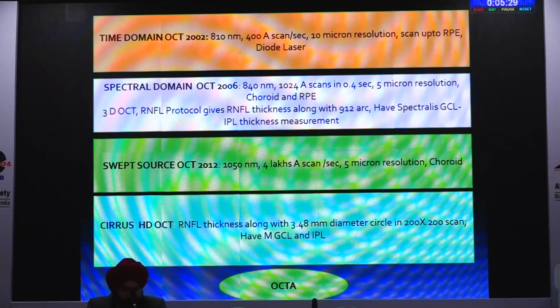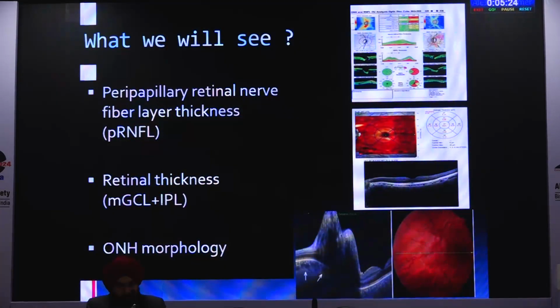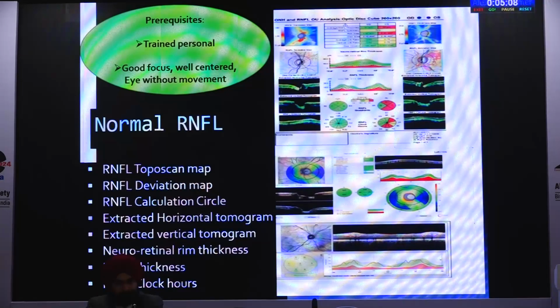OCTA again has some usefulness in neuro-ophthalmology scanning. Now what we'll see here is the peripapillary nerve fiber layer thickness measurement, retinal thickness, particularly the macular GCL and IPL, and the optic nerve head morphology.